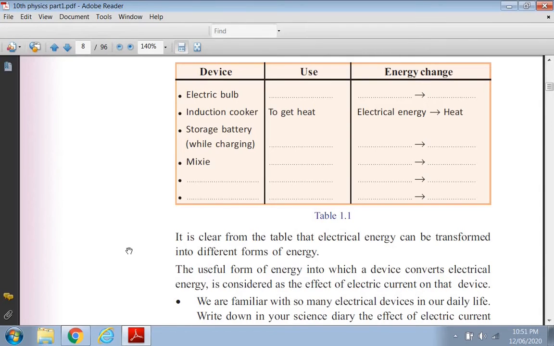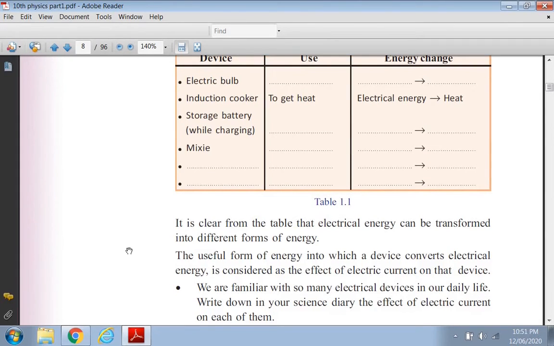While charging, electrical energy changes into chemical energy. But while discharging, the chemical energy gets transformed into electrical energy.